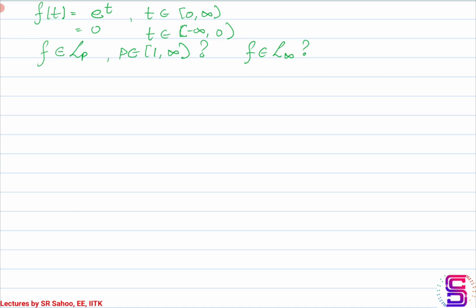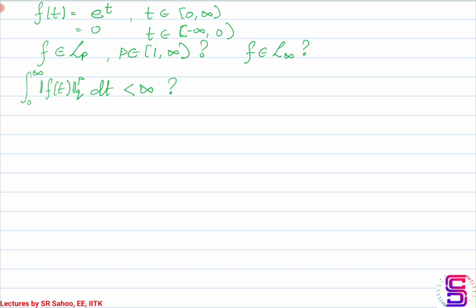Now, again, to check for f belonging to LP space, you need to evaluate the p integrability. This integral of the p-th power, dt, has to be less than infinity, so we need to check this.